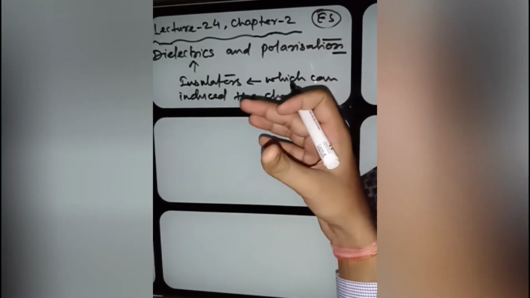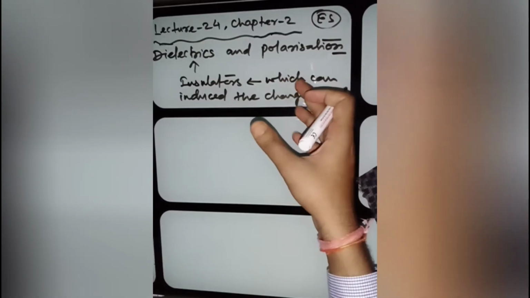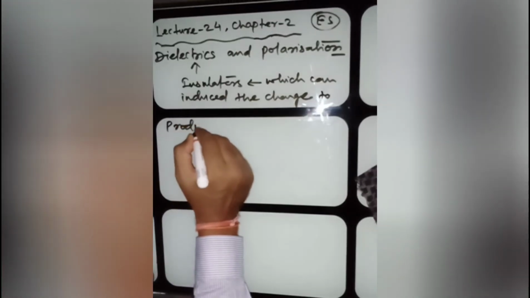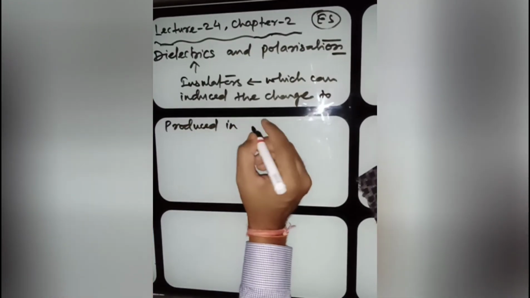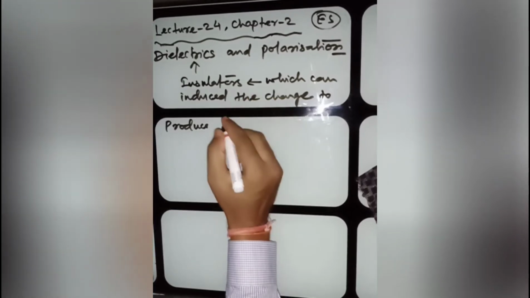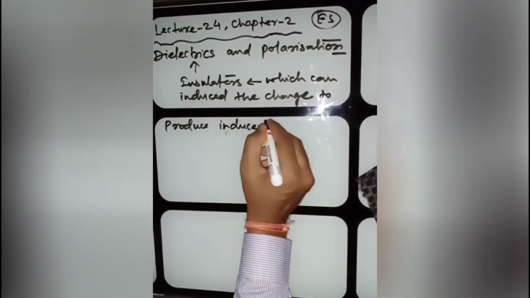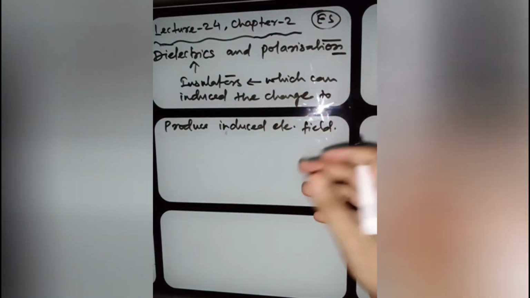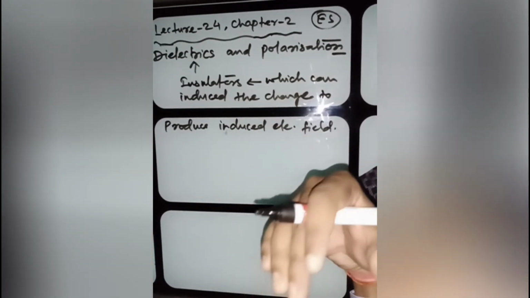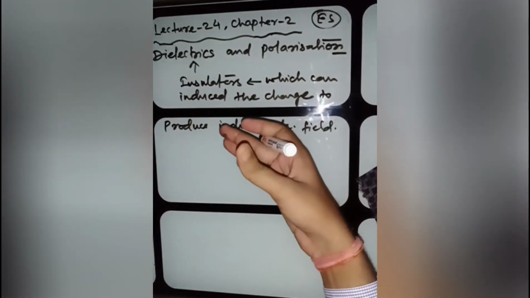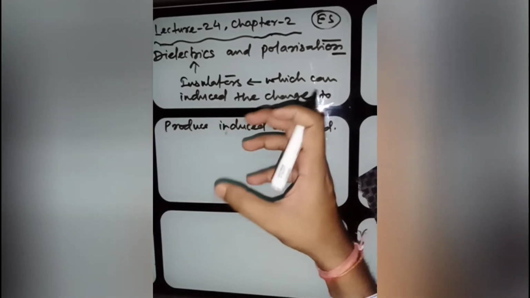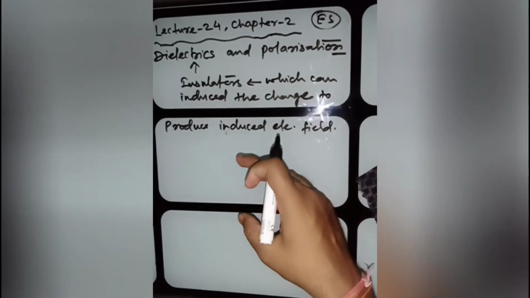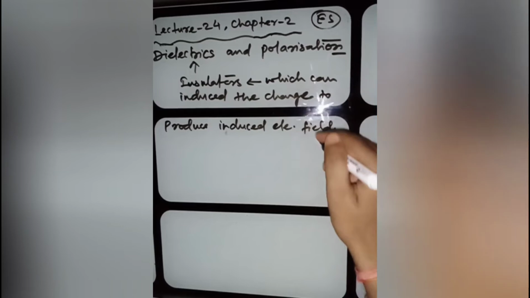So it can induce charge on its surface to produce an induced electric field. Dielectric means that in one way we supply the electric field, and the dielectric creates another electric field. One electric field we supply and another is induced by the material. That's why it is called a dielectric.